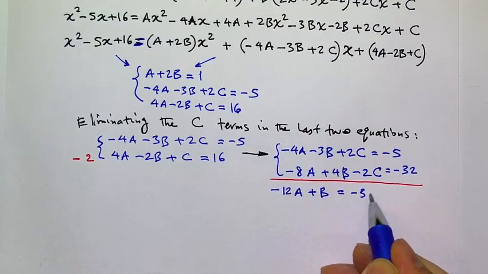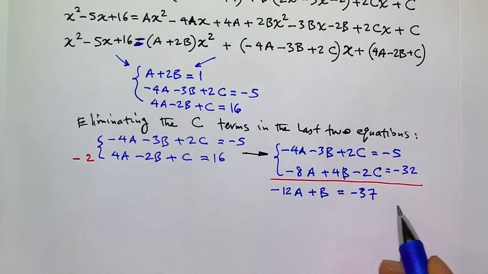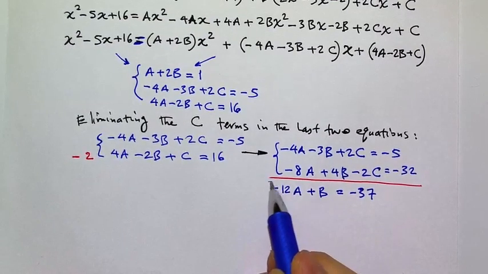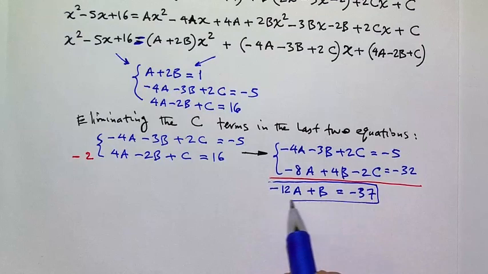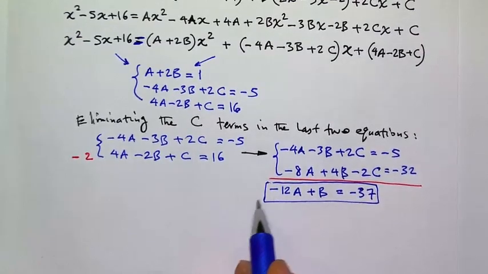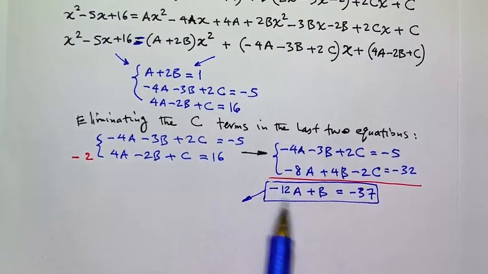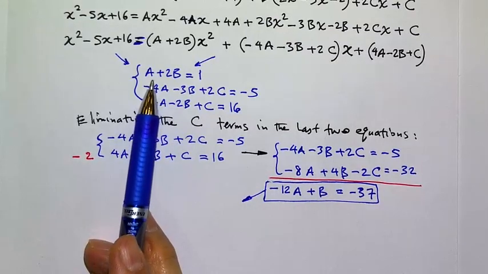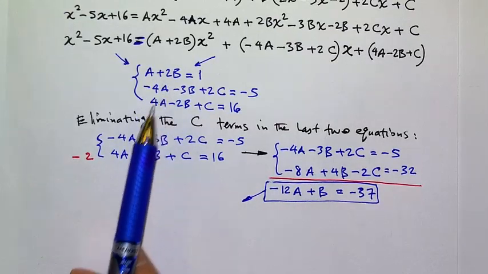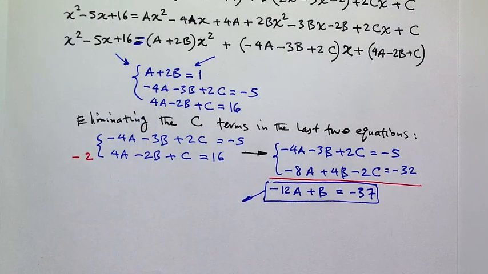And this is minus 37 on the right side. So we have this reduced equation here, and then we set this up in the same system with this one, which had a and b in it.